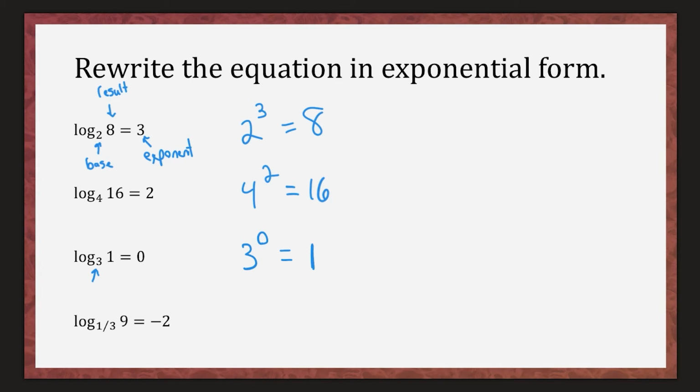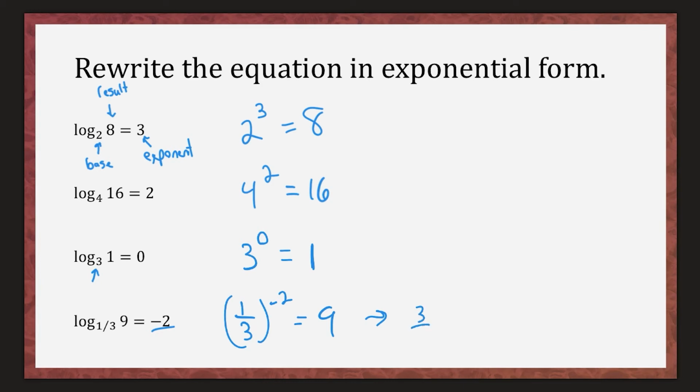Oh, next we have a fraction. Our base is 1/3, and our exponent is -2. So 1/3 to the -2 power equals our result 9. Now we can simplify this a little bit, and we should. 1/3 to the -2 power. Let me eliminate that negative exponent. Remember, you take the reciprocal of the base number.